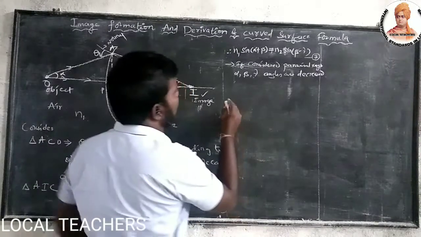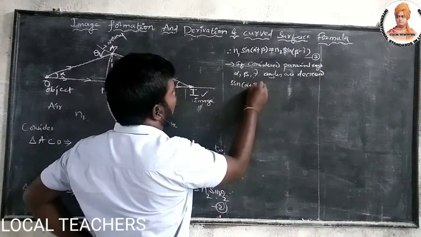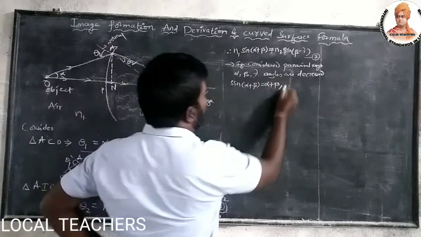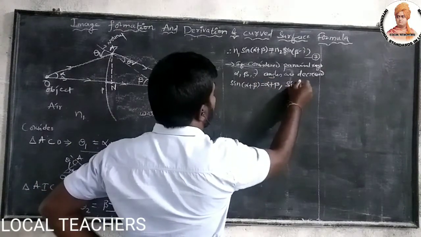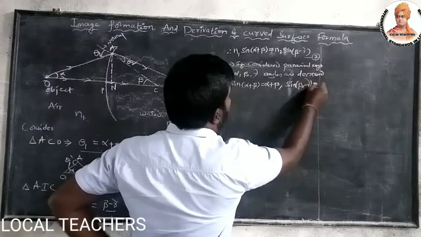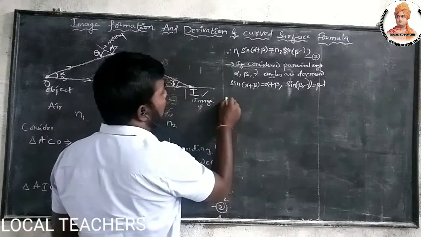So I can write here sin(alpha plus beta) equals alpha plus beta, and sin(beta minus gamma) equals beta minus gamma.